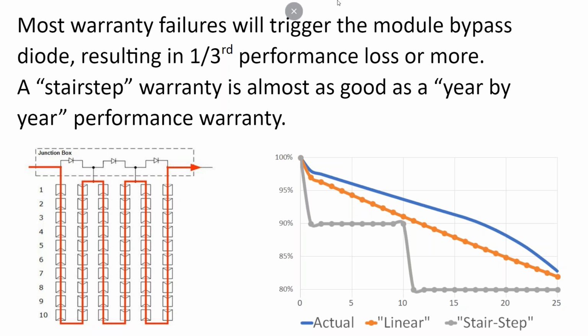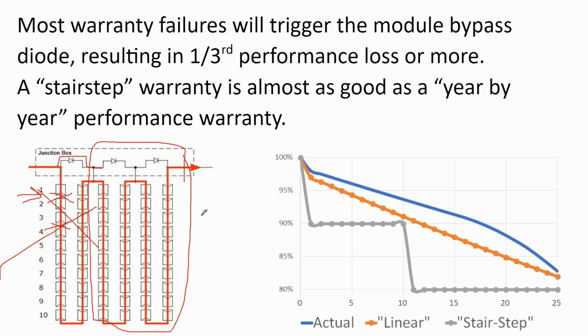When a solar panel fails, what is most common is that some little soldered connection from one cell to the next pops. What that's going to do is put a blockage in the circuit, and your solar panels have bypass circuits so that if part of the panel becomes shaded, the rest of the panel remains on.